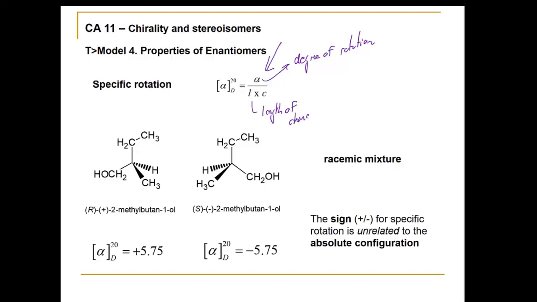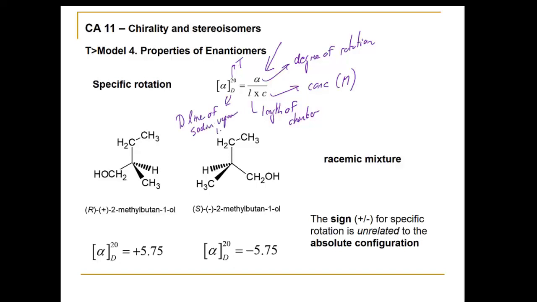So by dividing by the length of the chamber, we're normalizing it for different instruments. And C here is the concentration of our solution in molarity. Again, so we can standardize our measurements, we refer to the temperature at 20 degrees Celsius, and this D refers to the D line of a sodium lamp, a sodium vapor lamp.